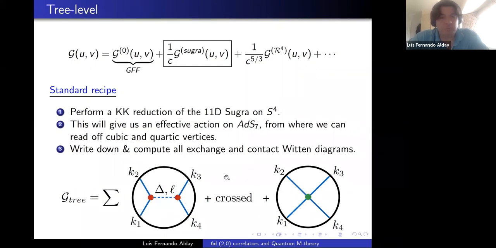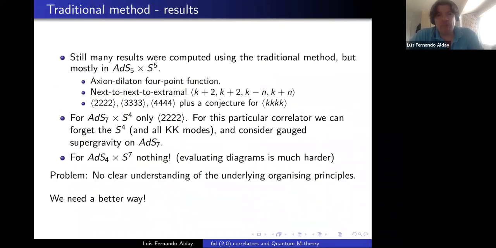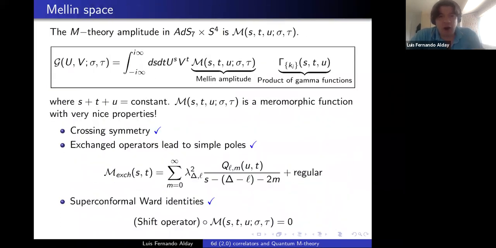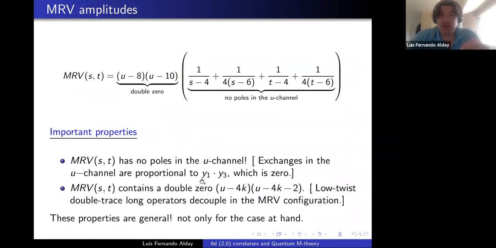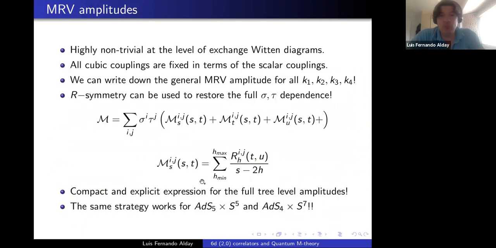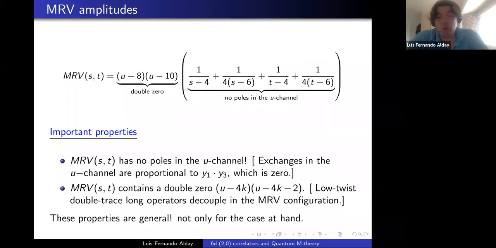Yes. And what happens is that if, multiplet by multiplet, you require that in the MRV limit this structure of double zeros, etc., happens, you get an equation that relates all cubic couplings in terms of the scalar couplings only. This is great, actually, because what happens in AdS7 x S4 is that all the other couplings were not known.